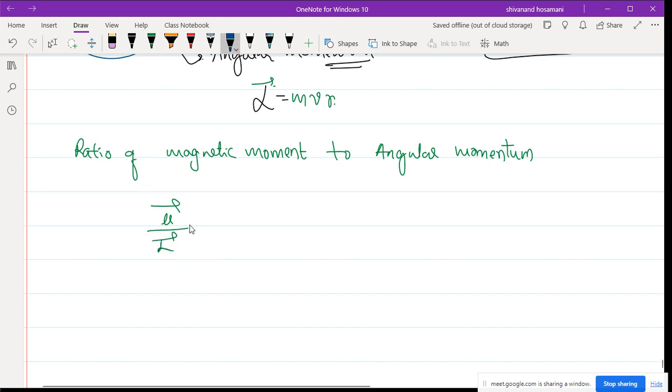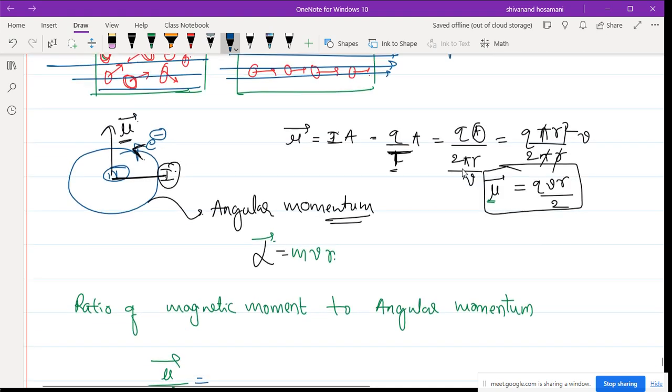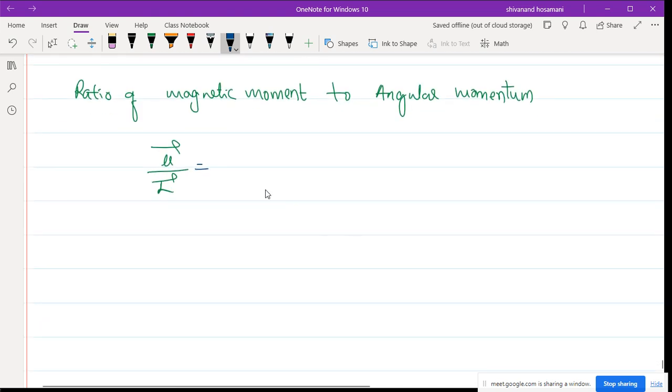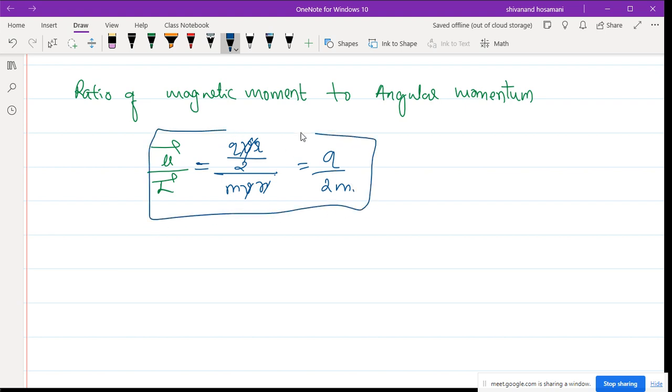Mu is given by what we wrote, that is QVR divided by 2. The whole divided by L, which is equal to MVR. See, this VR cancels. I am left with Q divided by 2M. Yes, this is the relation of the ratio of magnetic moment to angular momentum. They may ask this question: the relation between angular momentum of an electron revolving around the nucleus and its magnetic moment.